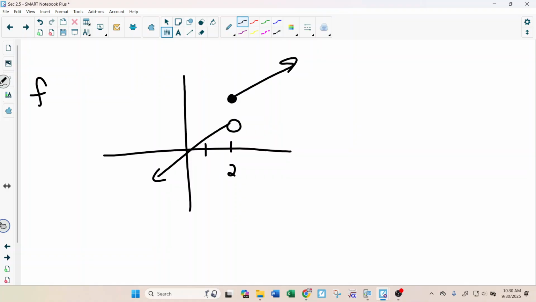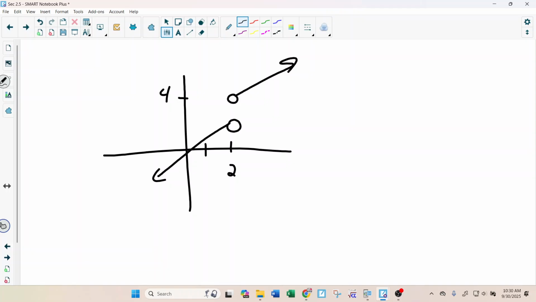Can you find f of 2? Yes. So is that a continuous function? Is it continuous at every number in its domain? No, because it's not continuous at 2, which is in its domain. It's defined at 2. I'm just trying to get us to understand what this means.